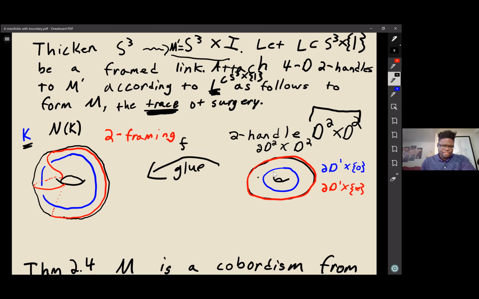And here I've drawn in blue the boundary of D2 times 0 in the second disk. And in red, I've drawn the boundary of D2 times a point in the second disk. And this point is just somewhere in the boundary.